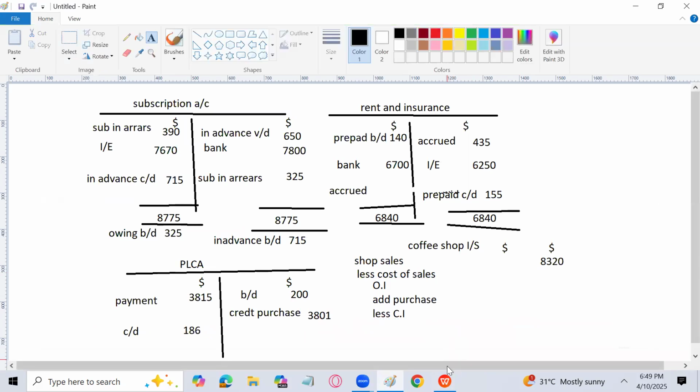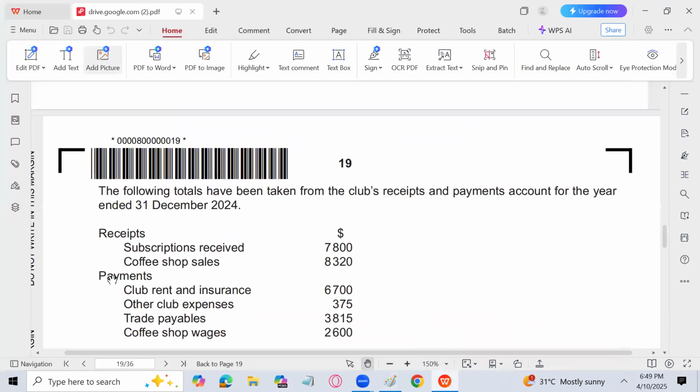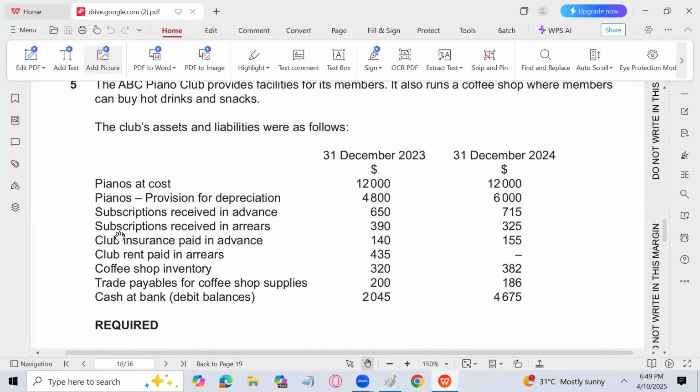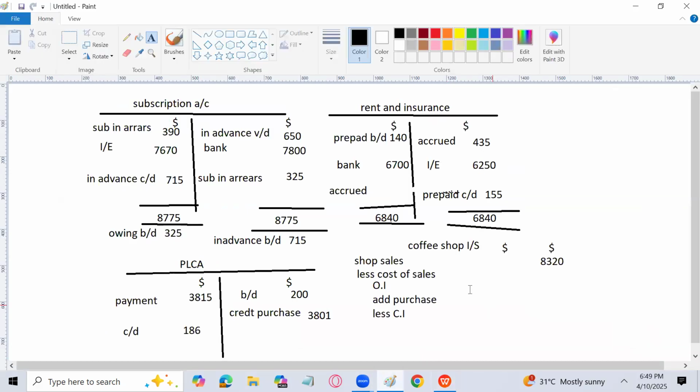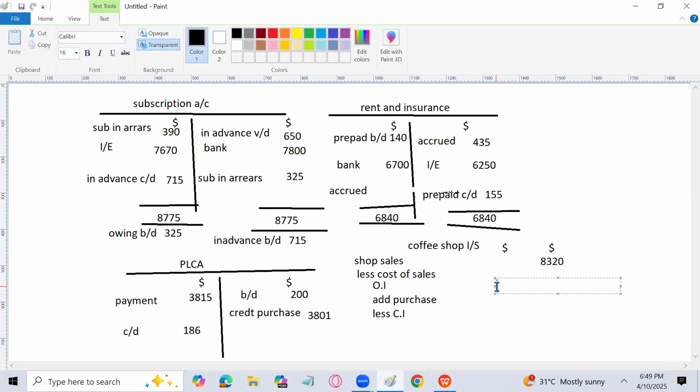So let's see what is the opening inventory given in the question. Opening inventory is given, here it is. Coffee shop inventory 320 and closing 382. So opening inventory is 320 and closing is going to be 382. Okay.